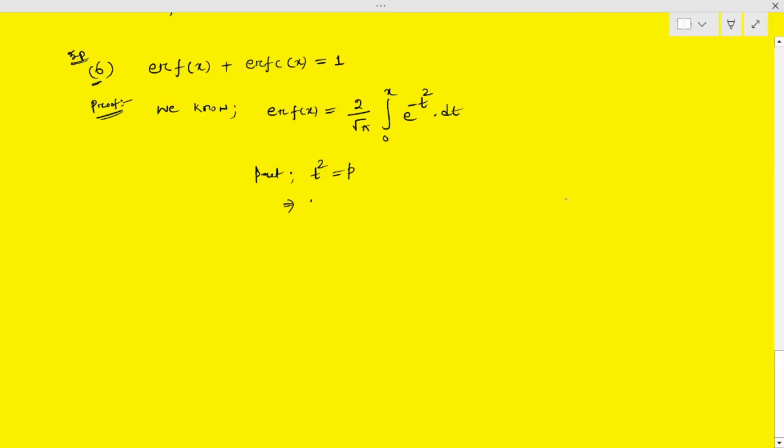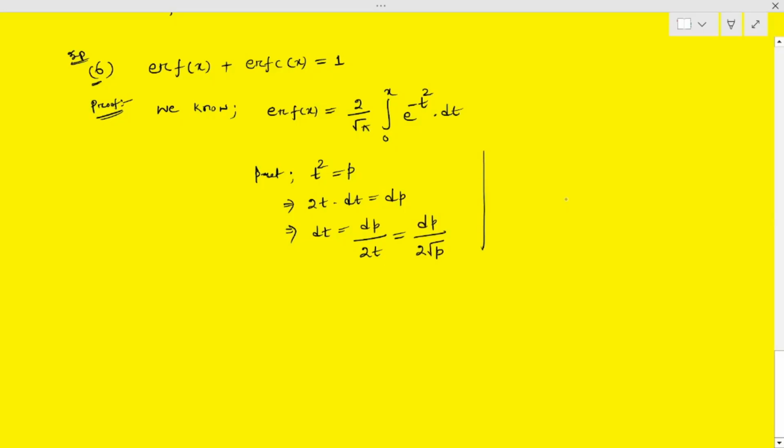That implies 2t dt equal to dp, right? That implies dt equal to dp by 2t, and since t square equal to p, t will be root over of p. So this will be dp by 2 into root over of p, right?